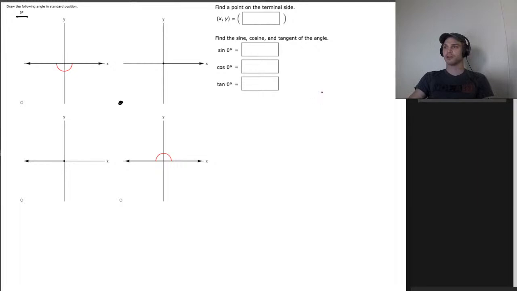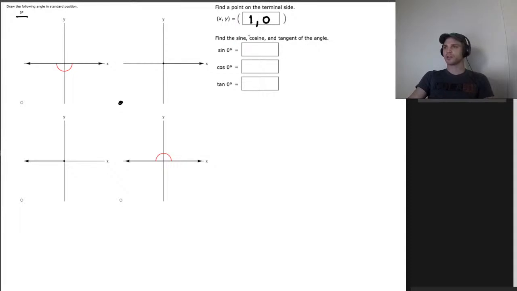Sorry, I can't see my cursor unless it's a certain size, but if it's a certain size, it's obnoxious to write. So let's say 1, 0. And don't enter the parentheses because they're actually out here.